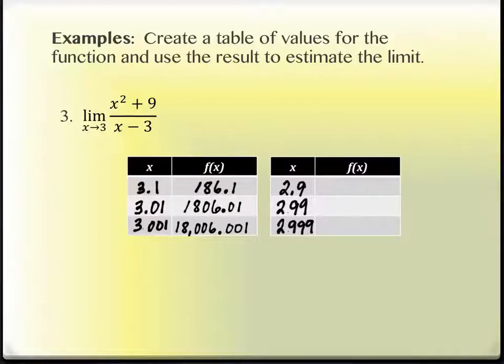And then if we continue on down our list and move over on our page, we end up with negative 174.1, negative 1794.01, and negative 17,994.001.